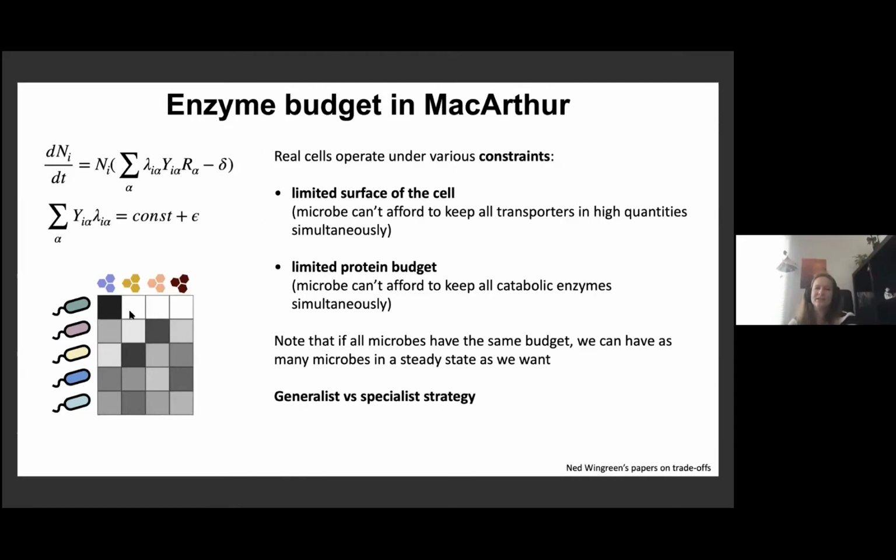Because the specialist species won't be able to survive in an environment with large quantities of other resources that it can't utilize. But generalists will be just fine because they can grow pretty much on everything reasonably well.